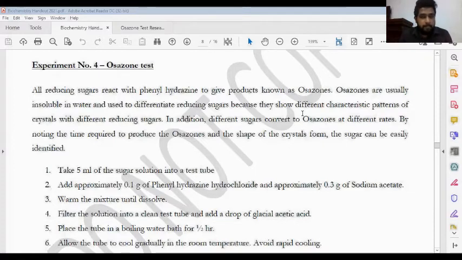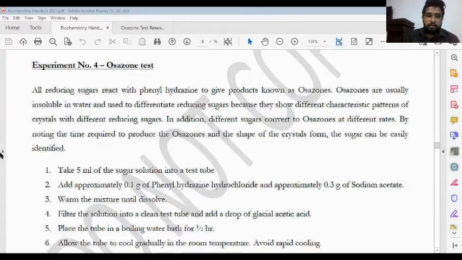But that's not a very good way. Then can you identify glucose and, say, lactose and maltose using the Fehling test? What is your opinion? Yes, we can't. Then the osazone test is useful in that sense. We can identify the type of reducing sugar.